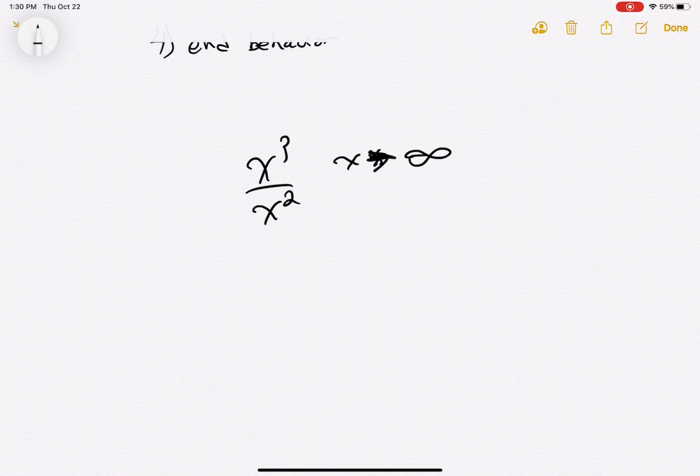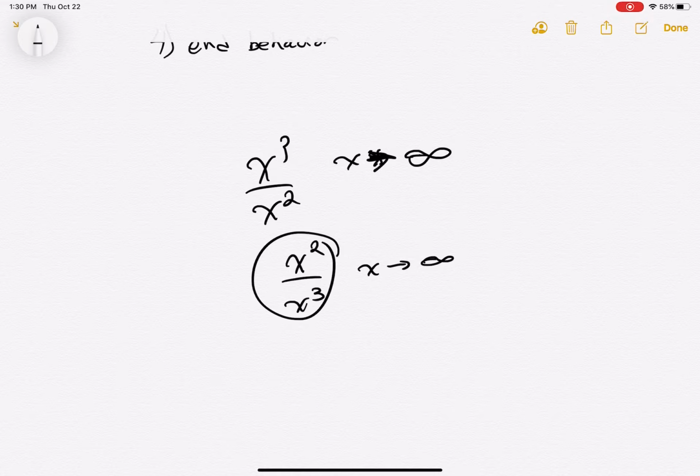It's going to kick the butt out of this. Whereas if I flipped it over and had x squared over x cubed, as x goes to infinity, this whole thing is going to go to 0. Regardless of what numbers you have, it doesn't matter if you have coefficients in front or whatever. Infinity cubed is going to crush infinity squared.